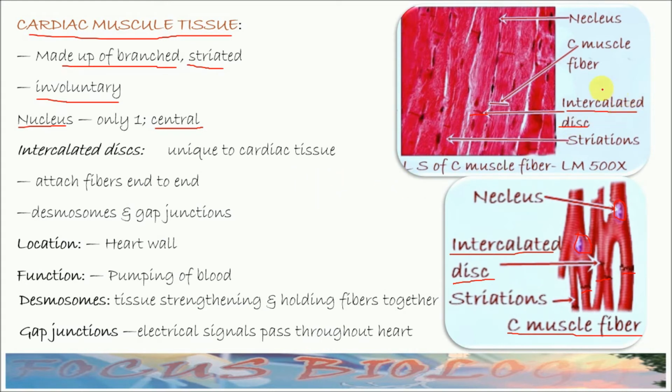This intercalated disc contains desmosomes and gap junctions. Desmosomes are responsible for strengthening and holding of muscle fibers together, while gap junctions are responsible for passing of electrical signals throughout the heart.